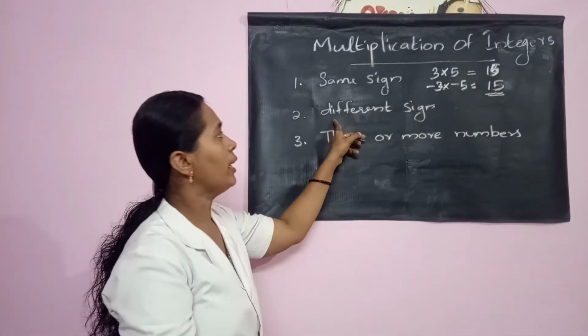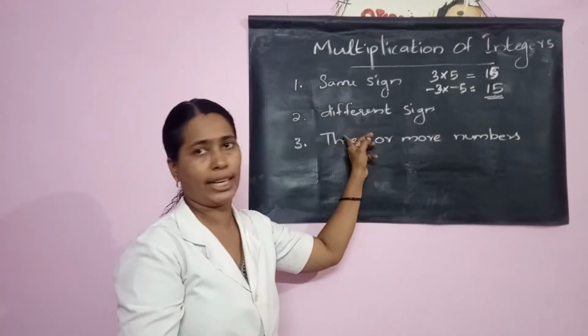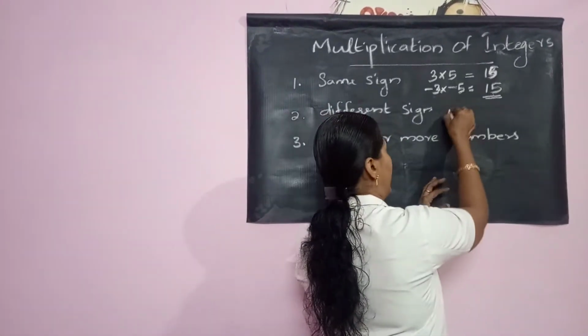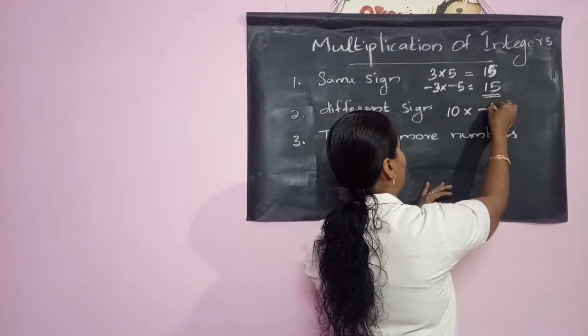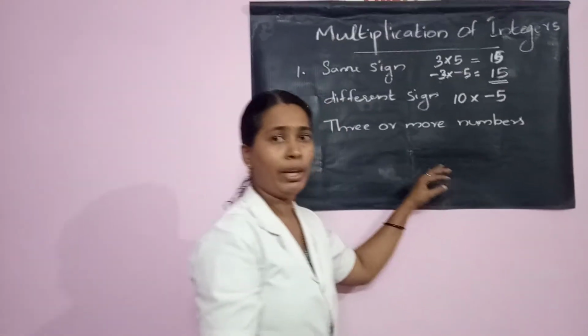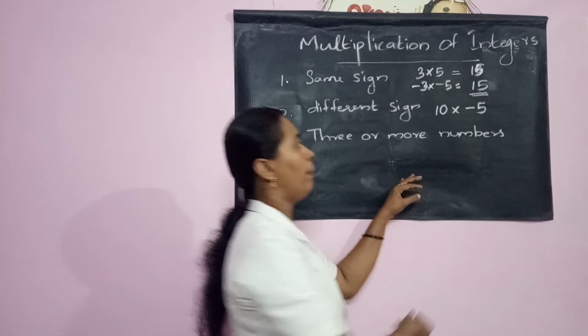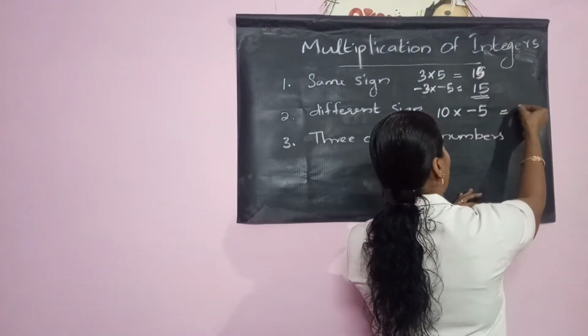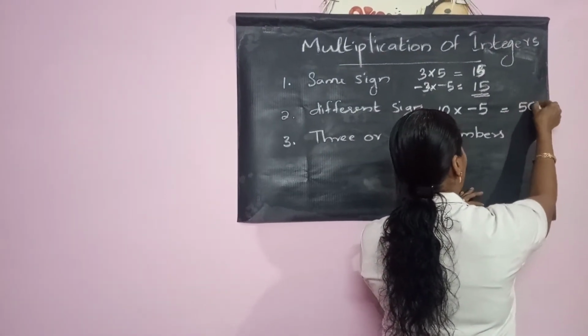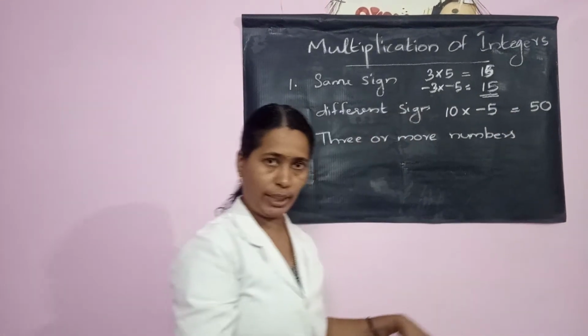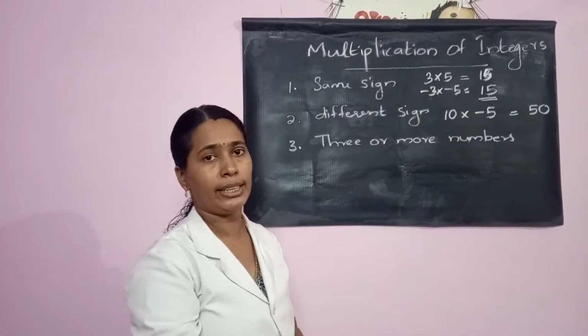But when you take integers of different signs, one positive and another one negative, multiply the numbers only. The numbers will give you a product. 10 into 5 gives 50 and the sign is negative.